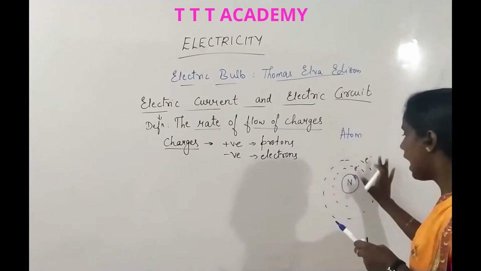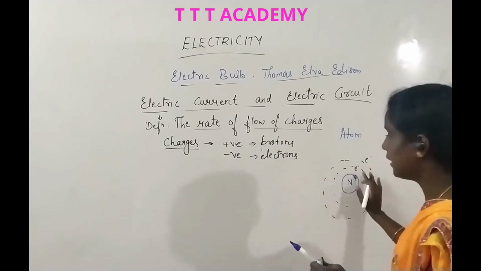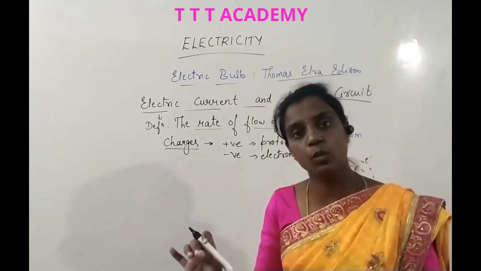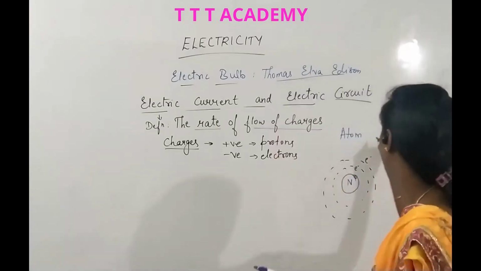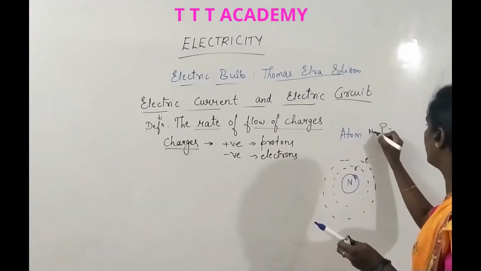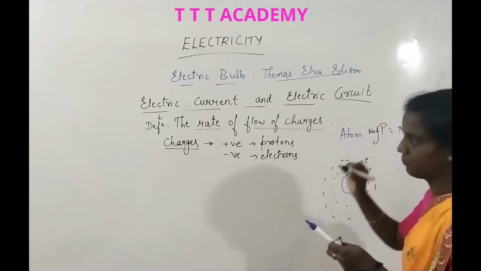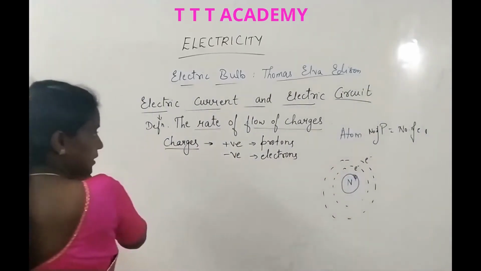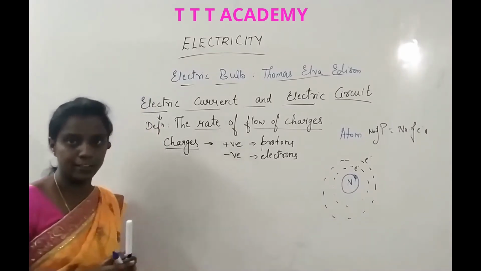So now you came to know where these protons and electrons are available. It is in an atom. Okay. And there is one concept you should know. An atom is always neutral because in an atom the number of protons is equal to the number of electrons. Okay. Fine. So we have two types of charges, positive charges and negative charges.